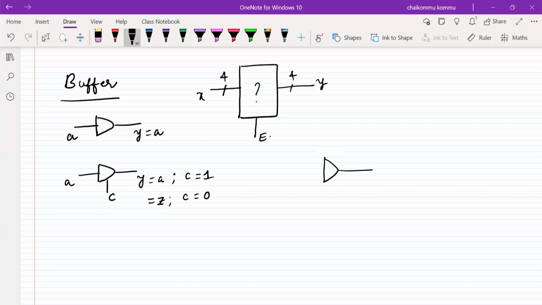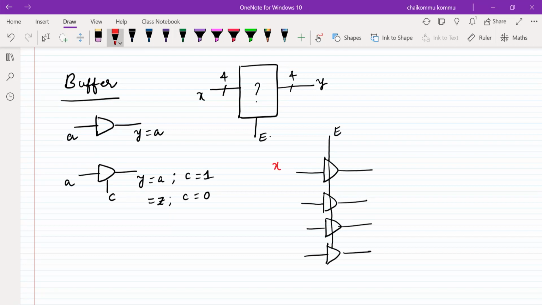Take 4 buffers: 1, 2, 3, and 4. Each buffer has an enable signal. It is possible to write it in this way also, which means all the buffers have the same enable signal, the control signal.